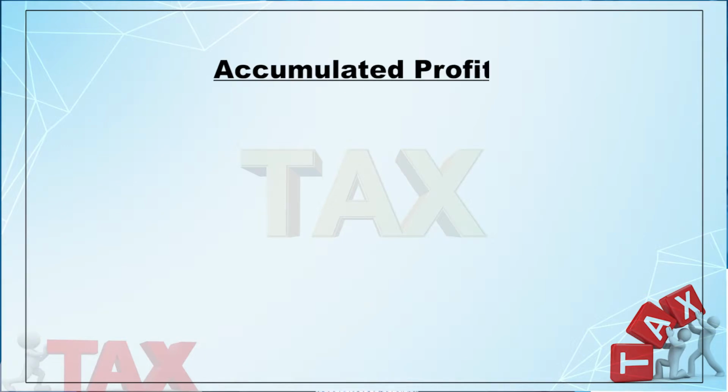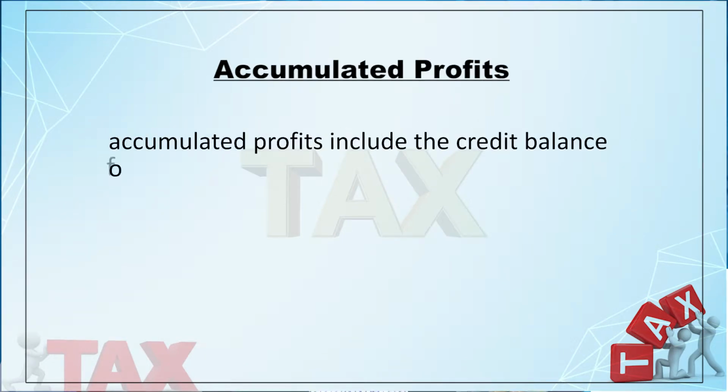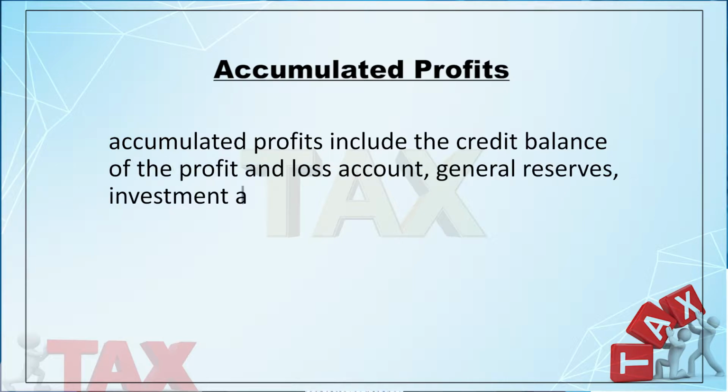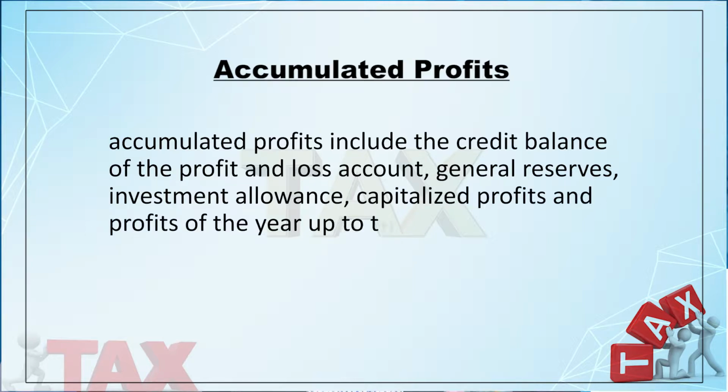Now, I have explained the distribution to the extent of accumulated profit. Now, you have to know what is accumulated profit. Accumulated profit includes the credit balance of the profit and loss statement, the general reserve, the investment allowance, the capital profits and profits of the year up to the date of distribution and liquidation.